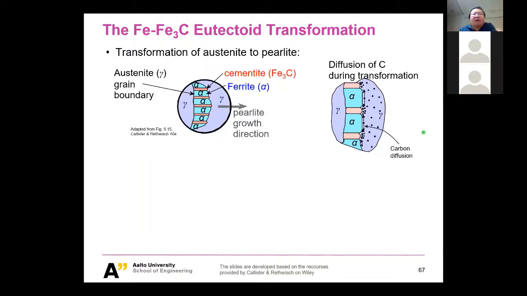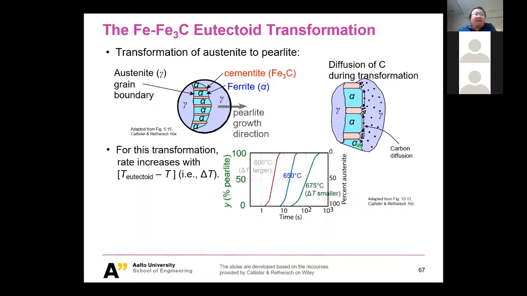So this is what you can see. You can see those carbon atoms that are fully dissolved in your gamma. They're just moving from one place to another, and the enriched part is becoming cementite, and the poor part is becoming the alpha phase, the ferrite. Yeah, in total, this is our pearlite. So this is something you have already fully understood.